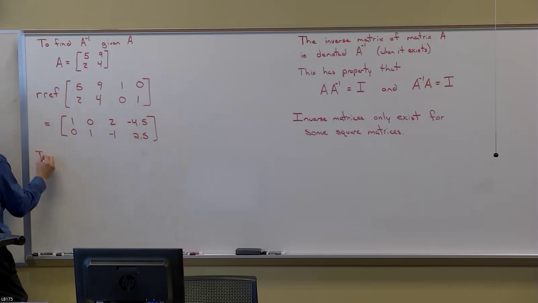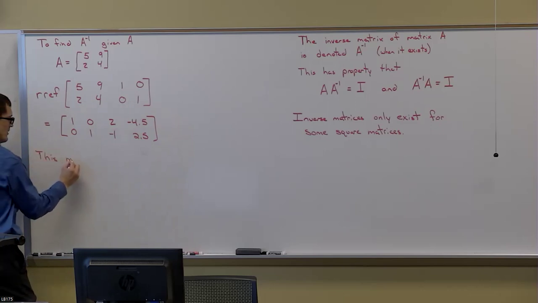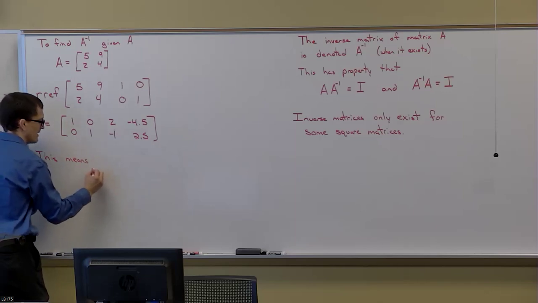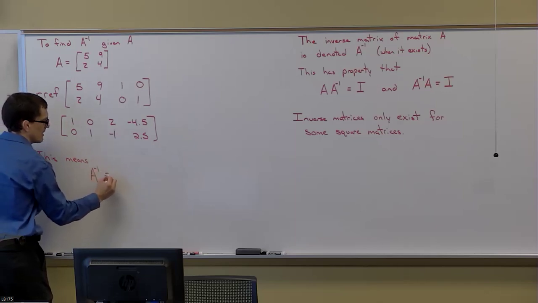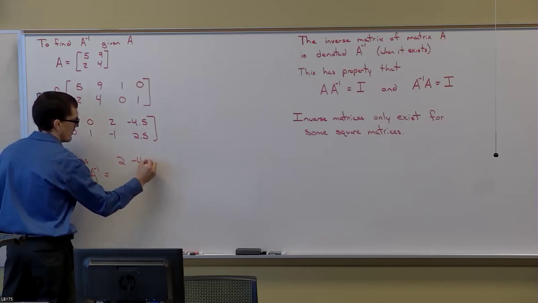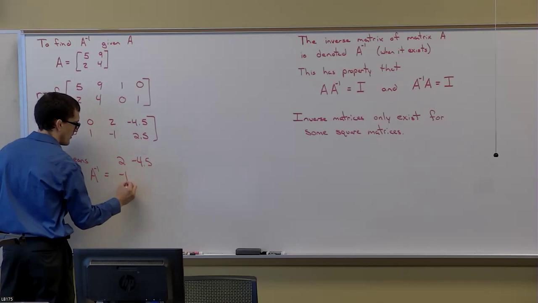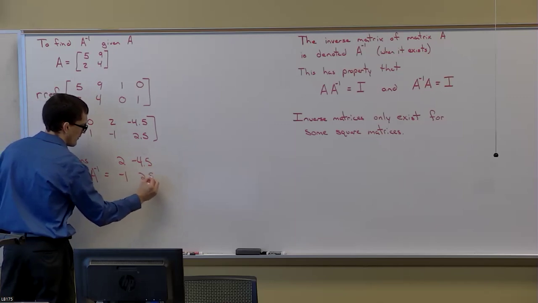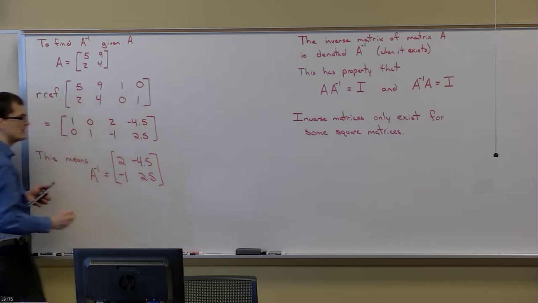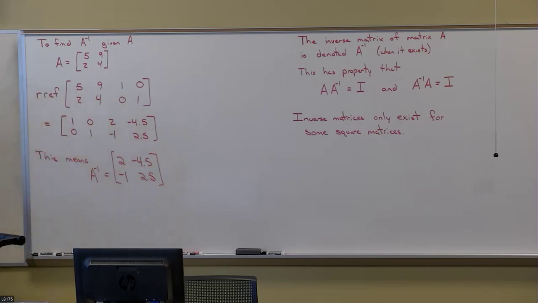This means that the inverse matrix of matrix A is 2, negative 4.5, negative 1, 2.5.